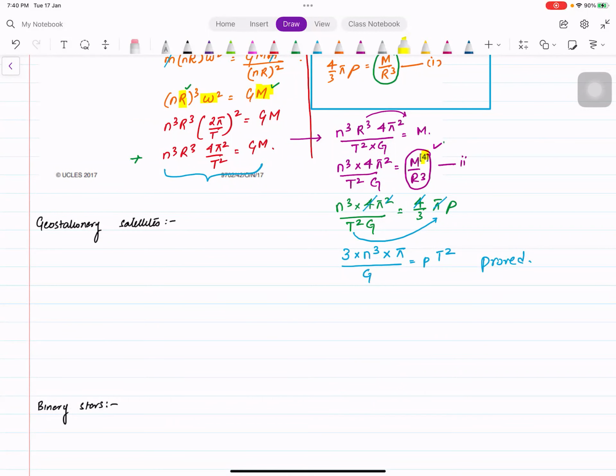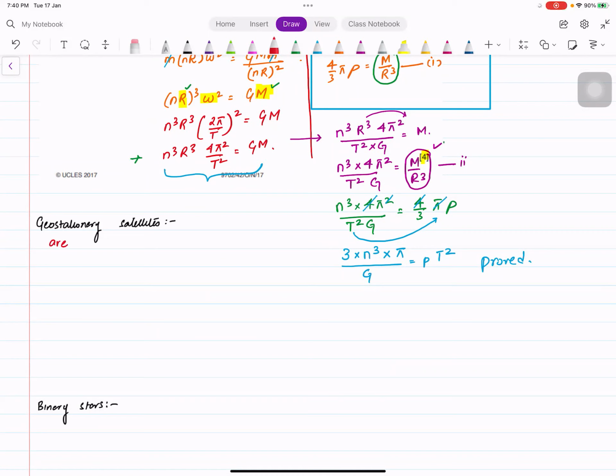Now for geostationary satellites, the only question that can ever come is the 4 properties of geostationary satellites. But we should also know what these are. So this is not required, but just to tell you what geostationary means.